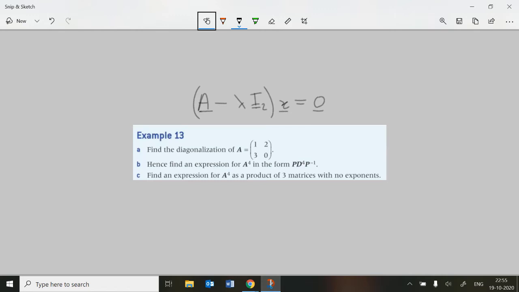So that is developed from where we started. Okay, so that's the start point, and this is what we need to use. And of course, that's what we did in the previous exercise before.